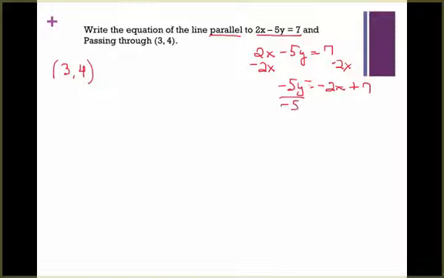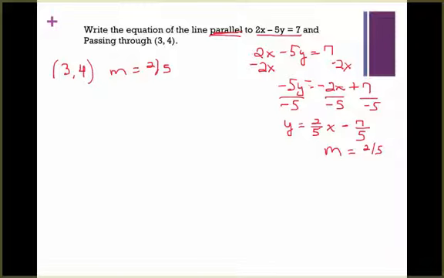Then we'll divide by negative 5. And y would equal, since negative 2 doesn't divide evenly by negative 5, we'll just leave it as positive 2/5 x. And then 7 divided by negative 5 doesn't divide evenly either, so we'll make it minus 7/5. So the slope of this line would be 2/5, which means I want something parallel to that, so the slope of that would also have to be 2/5.